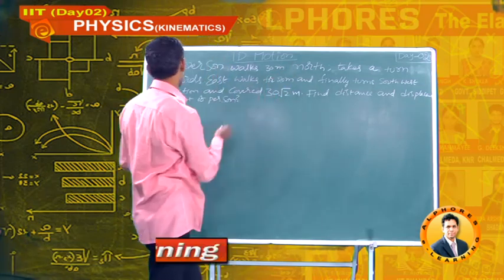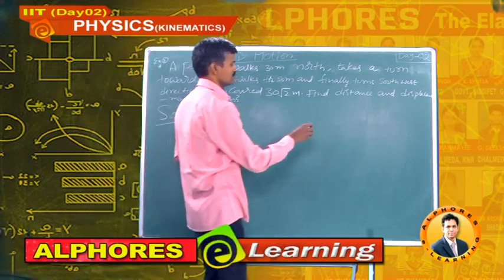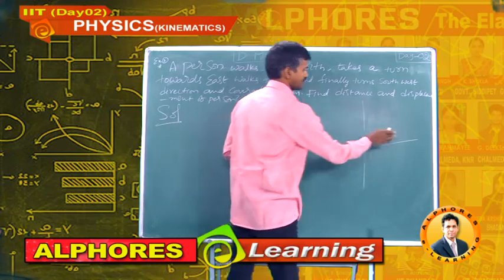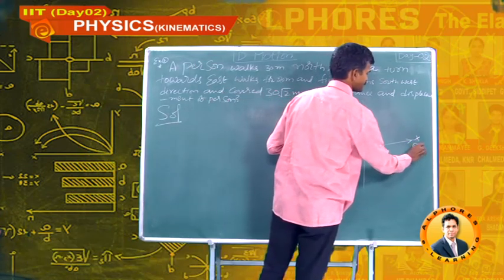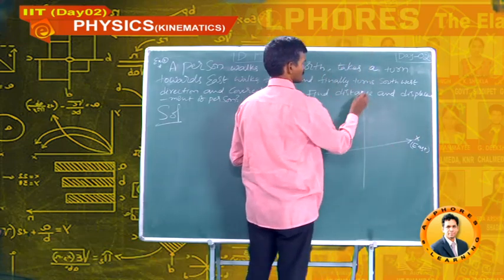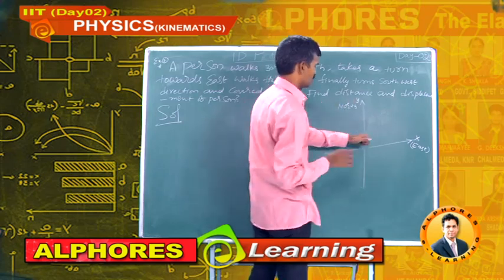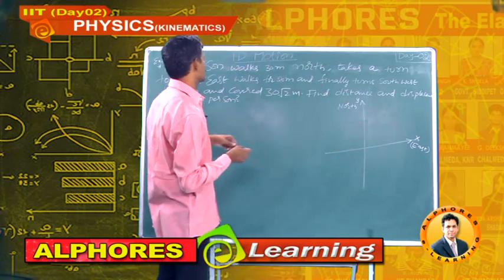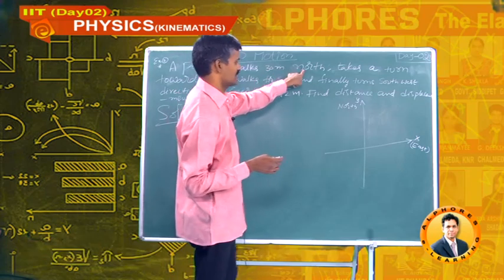To solve this problem by the vector method, take the coordinate system. This is the coordinate system: x axis as east, y axis as north, vertically upward direction as z axis. The person walks 30 meters towards north.